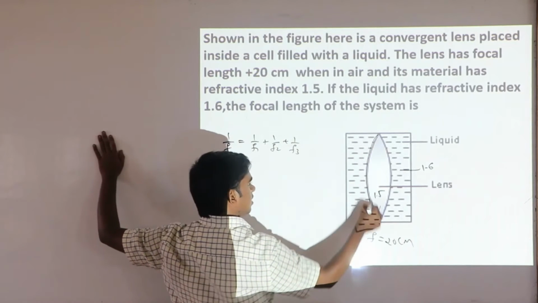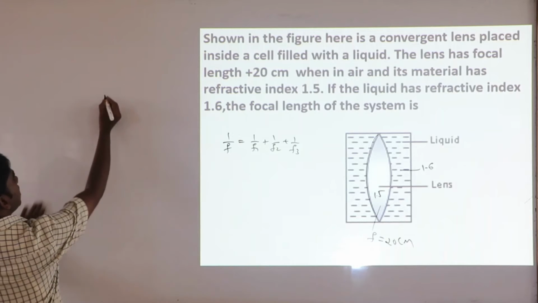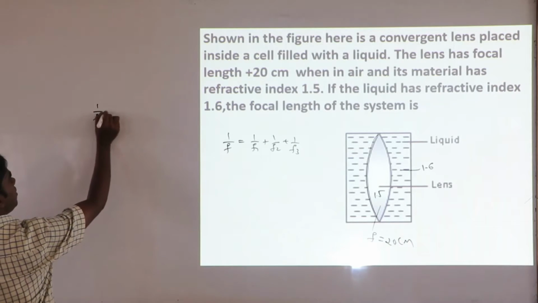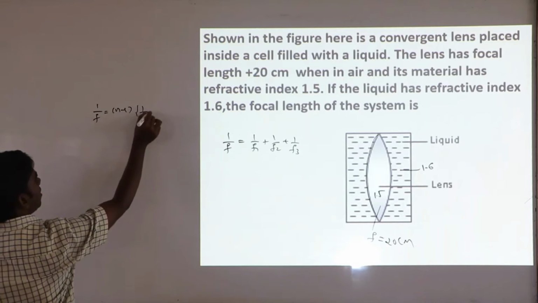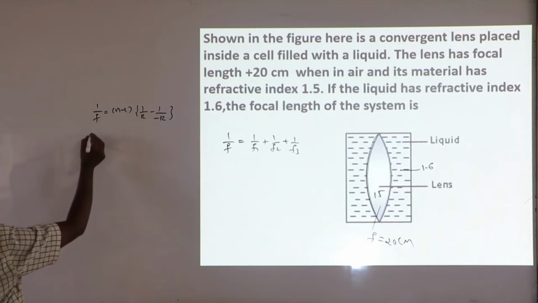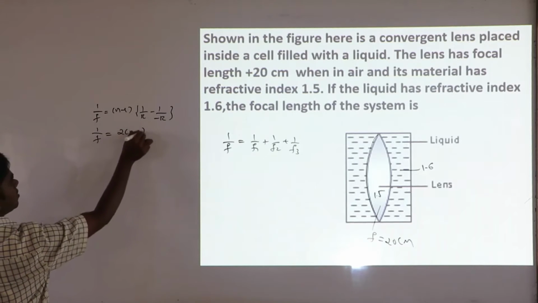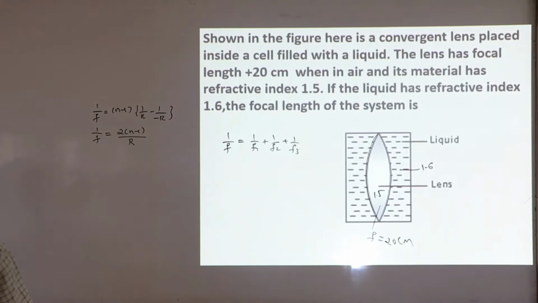To find it, for that lens I write 1/f = (n - 1)(1/r - 1/(-r)). So this is 1/f = 2(n - 1)/r. You can find r easily here.